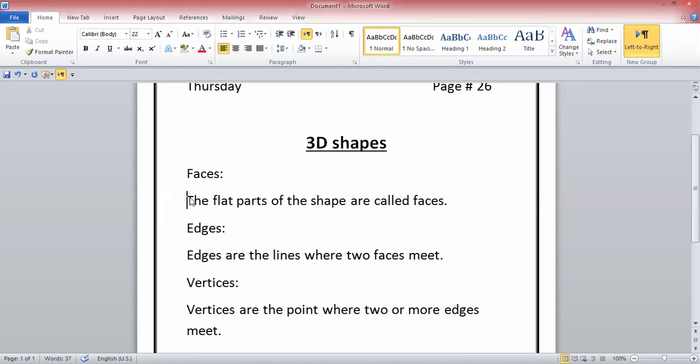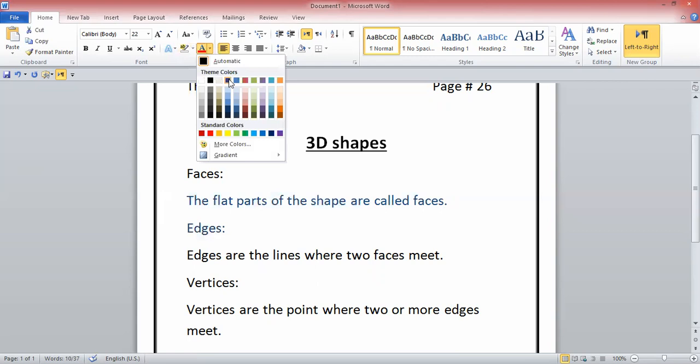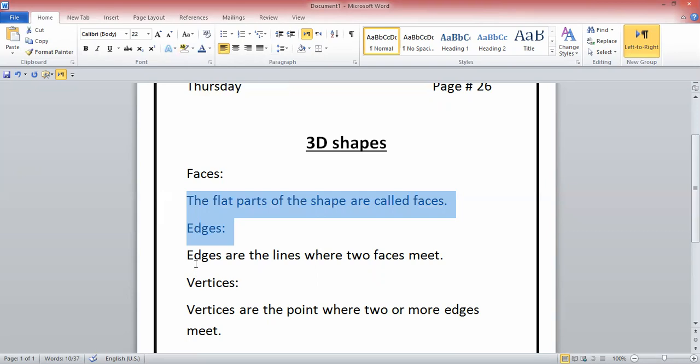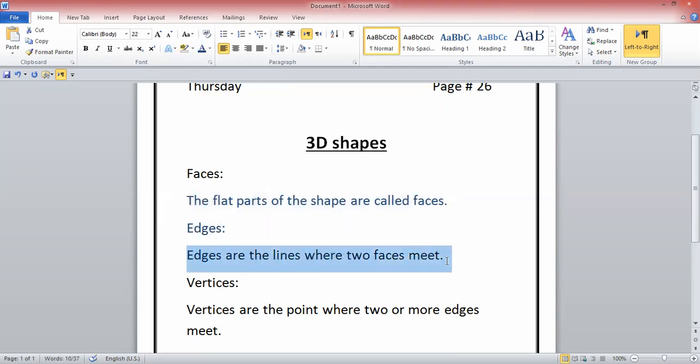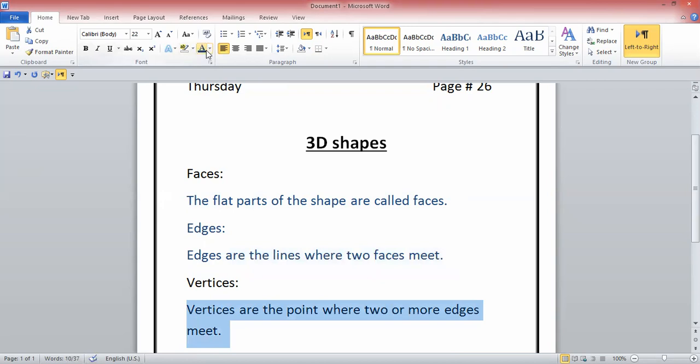Now I'm going to write about the first shape, that is the cube. Wait, I am still writing. Vertices are the corners.